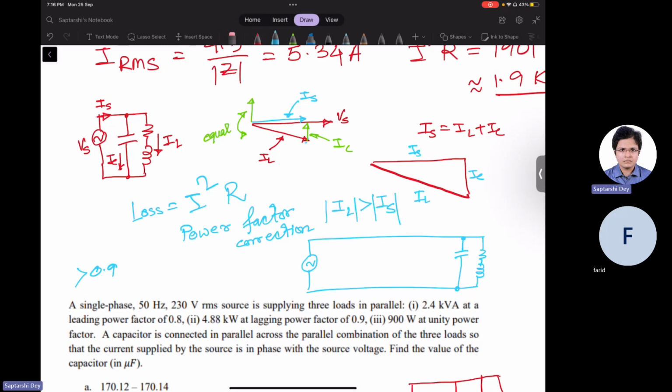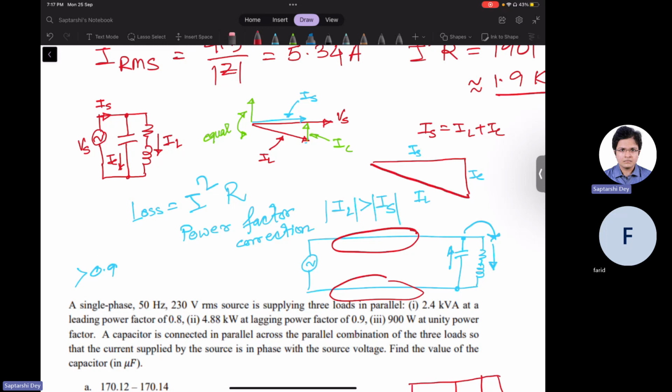So whatever lagging power, whatever reactive power they need for their motors to run, that will be supplied by the capacitor. And since the reactive power is being delivered locally, this transmission line is relieved of the reactive power. It doesn't have to supply the reactive power.